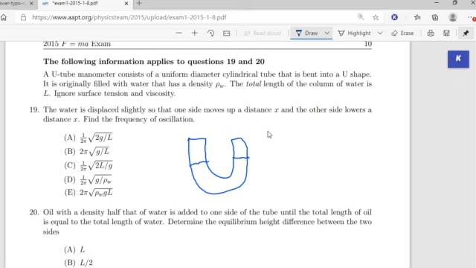The water is displaced slightly so that one side moves up a distance x and the other side lowers a distance x. Find the frequency of oscillation.